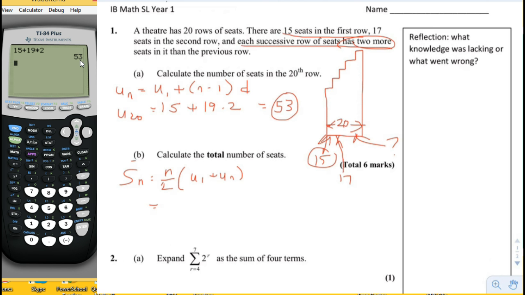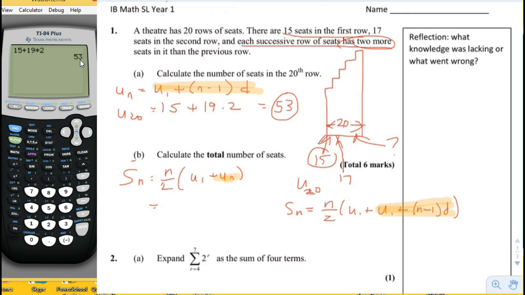One is we find what u20 is. And the other is we use the other formula, which happens to be Sn equals n over 2 times u1 plus n minus 1 times d. You can see that all they did here was, instead of un, they substituted the formula for un. So nothing that clever going on.